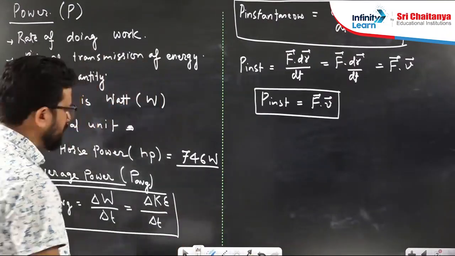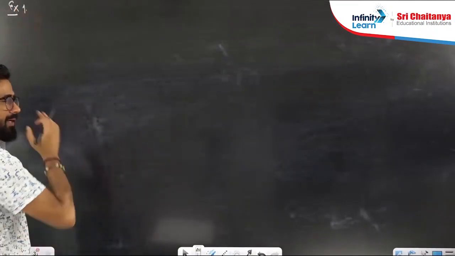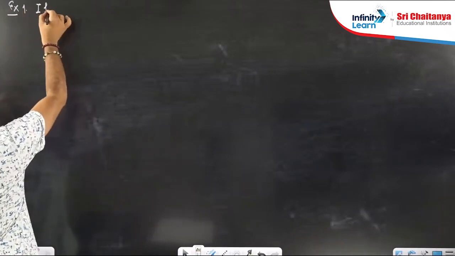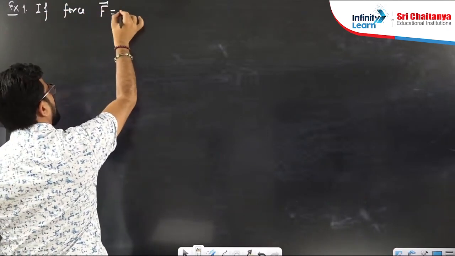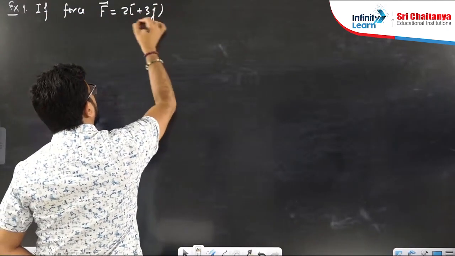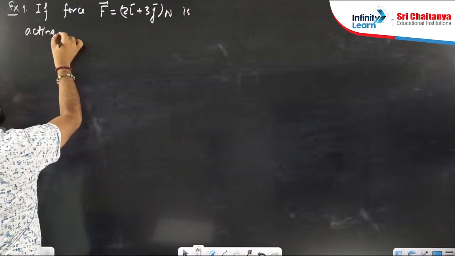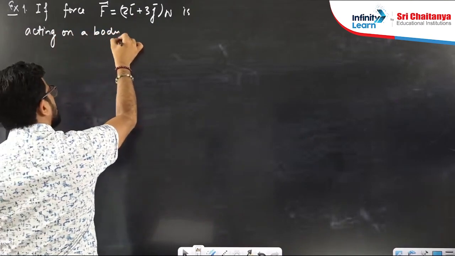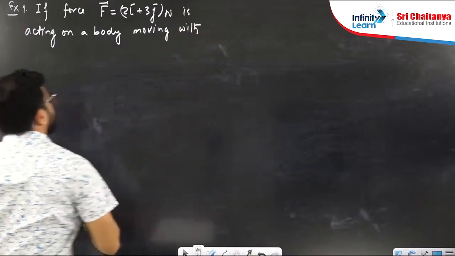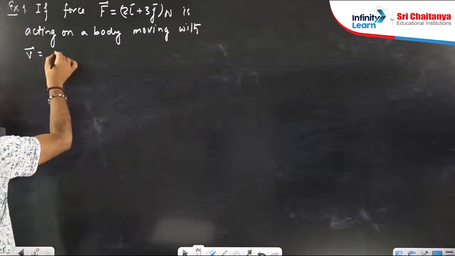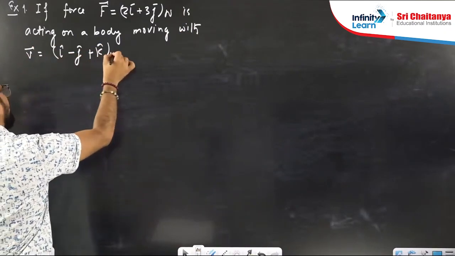Now come to the basic questions. Example 1, the very first example. Suppose the force F is equal to 2i cap plus 3j cap Newton, acting on a body moving with a velocity of i cap minus j cap plus k cap meter per second.